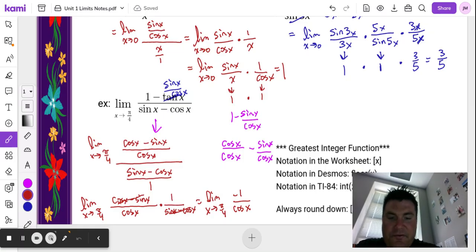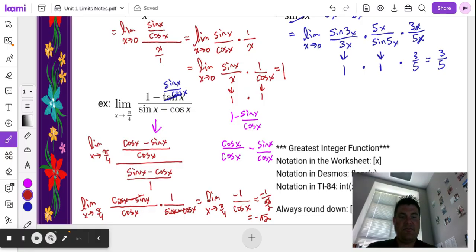When I do plug in pi over 4, I'm going to end up with negative 1 over root 2 over 2, which actually is equivalent to negative root 2. You just get 2 over root 2, which reduces down to just root 2.